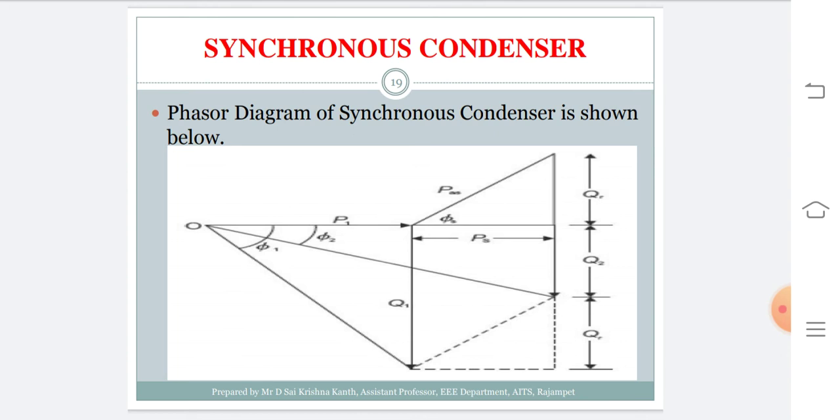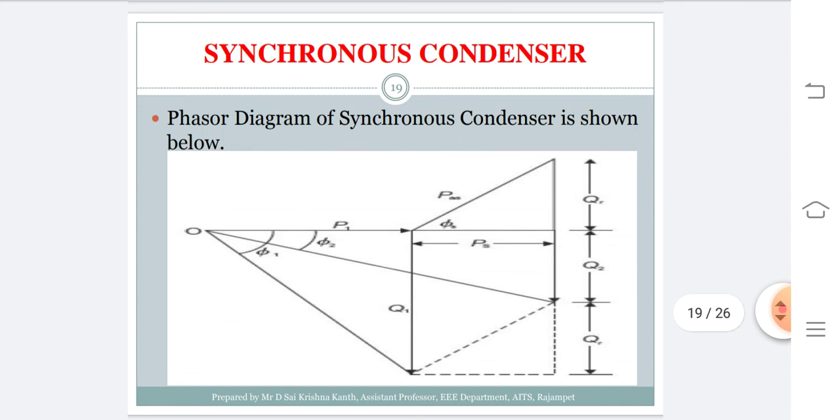So now the total active power drawn from the source is P1 plus PS, but at that moment the synchronous condenser has injected some reactive power QC, so that only Q2 amount of reactive power is drawn from the source, which is Q1 minus QC. So the power factor angle is now reduced from φ1 to φ2, that is cos φ2 is greater than cos φ1, and hence the power factor of the system is improved by the synchronous condenser.